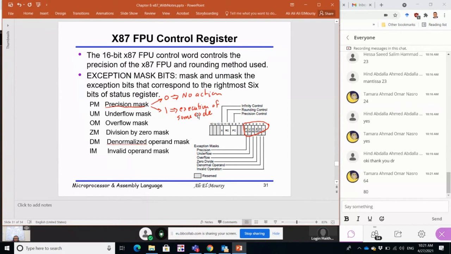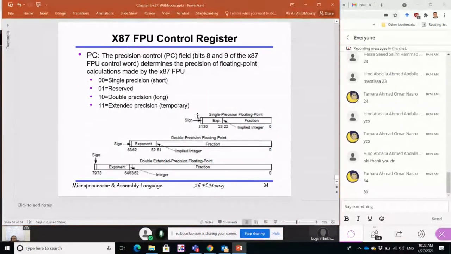What kind of control or configuration can I do for the processor? Now we are discussing the control register. I jump to the control register, I will discuss it, then we'll go back to the status register. Okay, since the questions have come, now we are in slide number 31, explaining the control register.